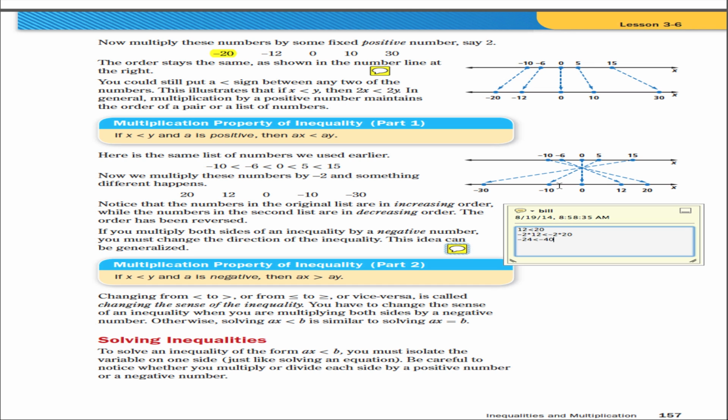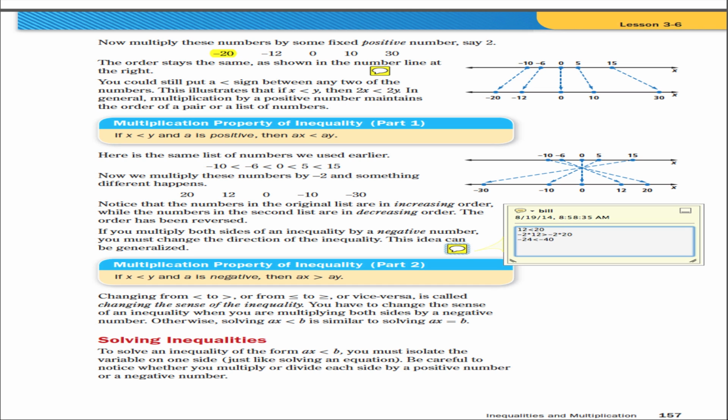So what we see here is that 12 is less than 20, which is absolutely true. But once we multiply it by a negative number, we have to change the inequality from a less than to a greater than.